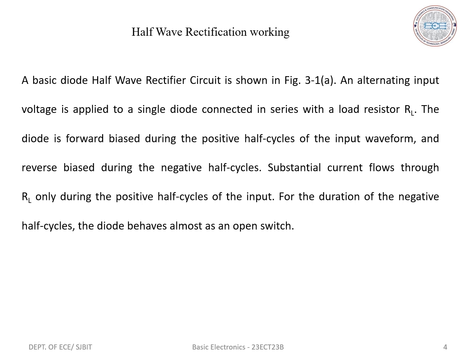Next, voltage regulation. It tells us about the change in DC output voltage as load changes from no load to full load condition. Next, the transformer utilization factor. It equals the DC power delivered to the load divided by the AC power rating of the transformer.